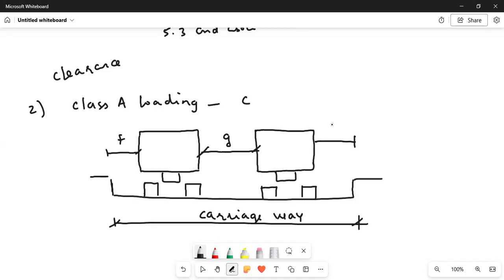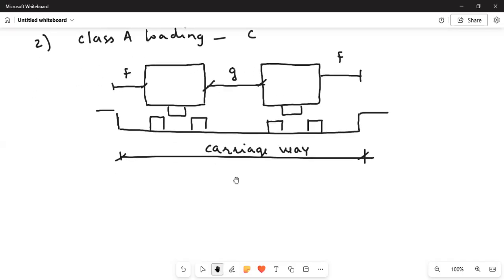Again, this is F: the minimum clearance between outer edge of wheel and face of the curb. So G and F depend on the width of the carriageway.